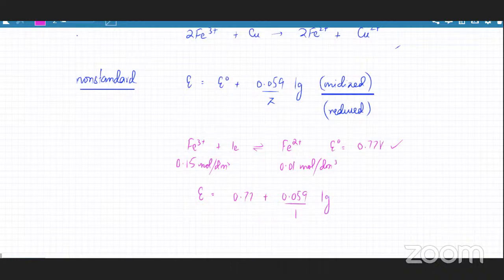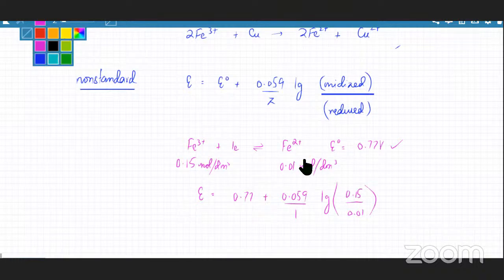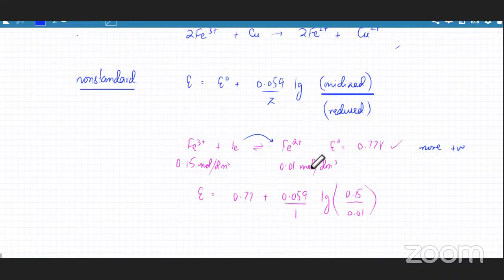As a log of oxidized species, the left one 0.15, divided by reduced species, which is 0.01. अच्छा पहली चीज ना just to know that the Nernst equation is giving you the right answer, इसको वैसे predict कर लो कि the concentration on the right side is very low. If it's very low, that means the equilibrium would shift to the right side, and if it shifts to the right side, it's going to become more positive. ठीक है, तो E higher आना चाहिए. इसको calculate करके बताओ कि क्या value आ रही है.